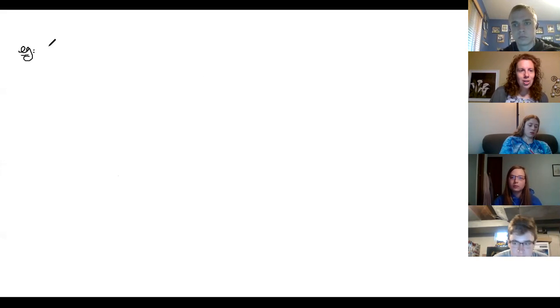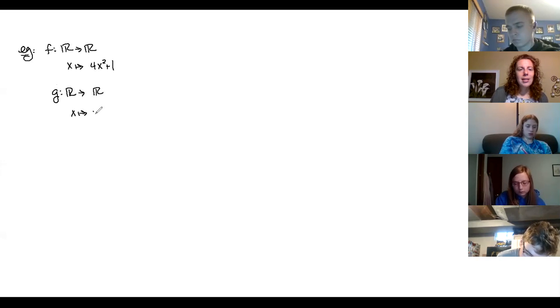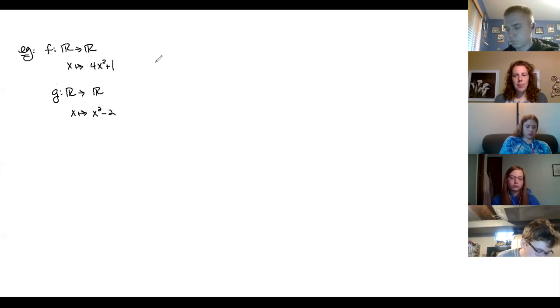So let's do example number 2 first. f goes from the real numbers to the real numbers, and I'm going to send x to 4x squared plus 1. g also goes from the real numbers to the real numbers, and I'm going to send x to x squared minus 2.